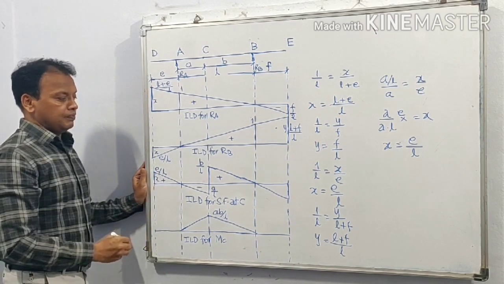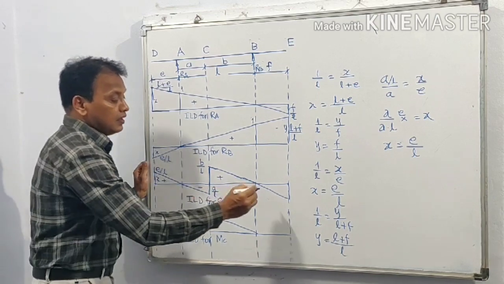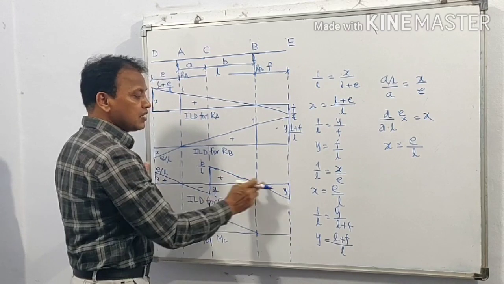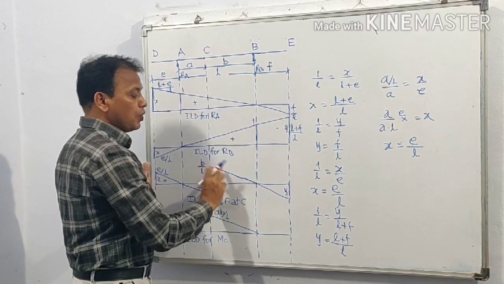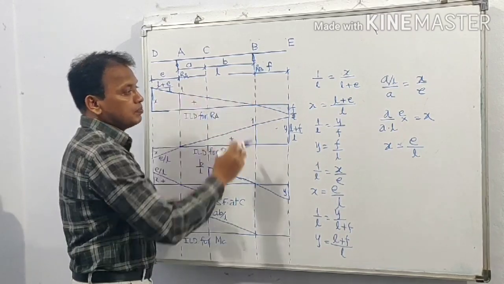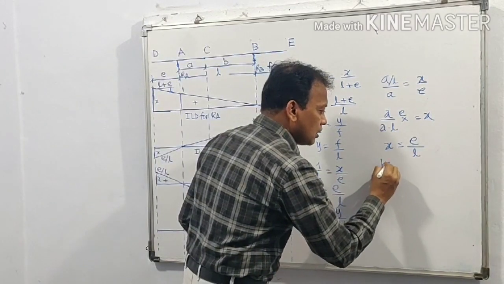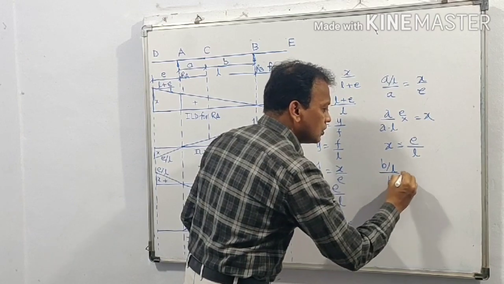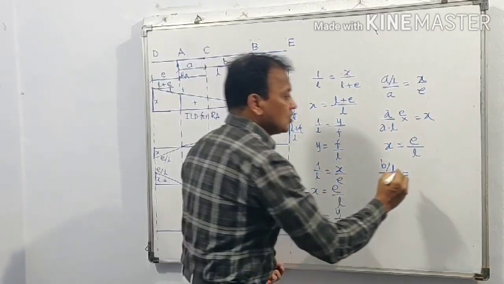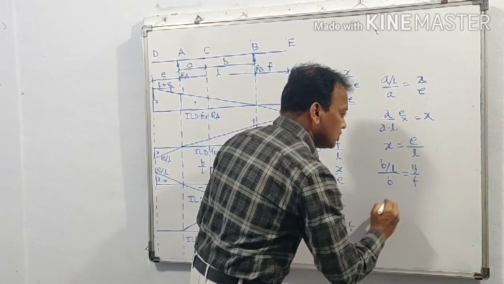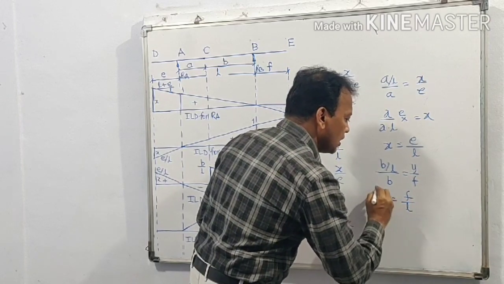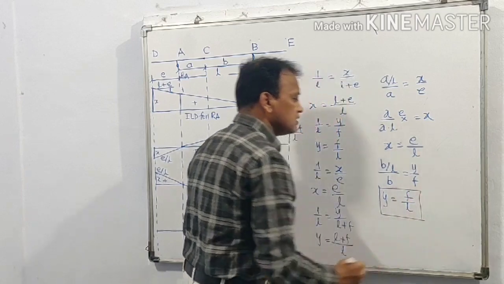So we are getting this ordinate x is equal to E upon L. This is positive. Let this ordinate be y. Consider these two similar triangles. So B upon L upon B is equal to y upon F. Therefore y is equal to F upon L, as B will get cancelled.